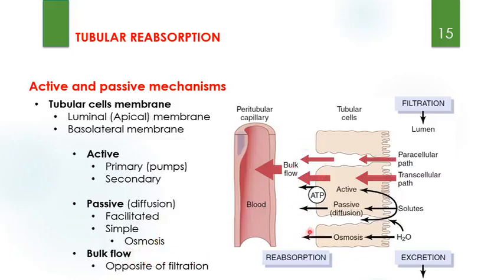All of them occur here. The glomerular filtrate that passes along the renal tubules undergoes this reabsorptive transport by the paracellular or transcellular pathway, and from the interstitial space around the renal tubules by way of bulk flow into the peritubular capillaries. And what remains inside the renal tubule will be excreted.